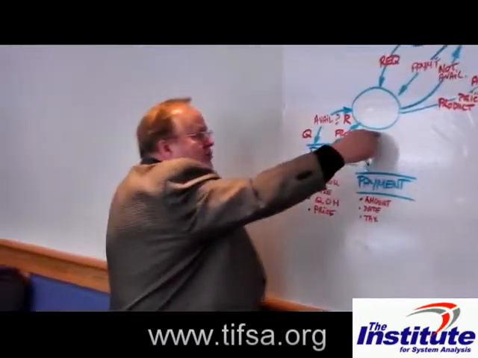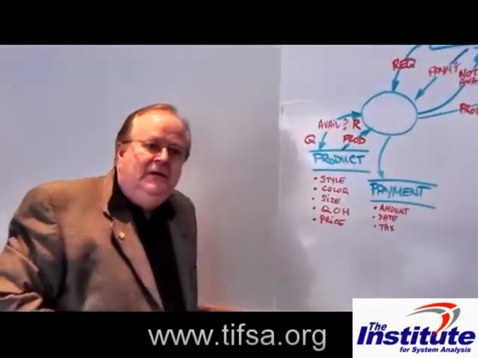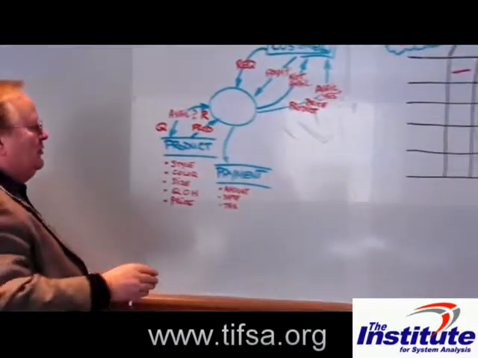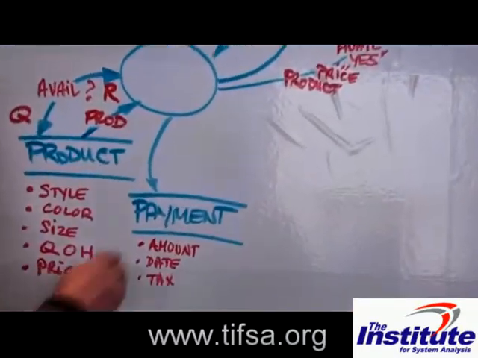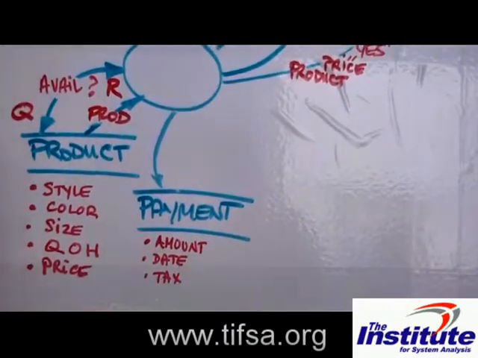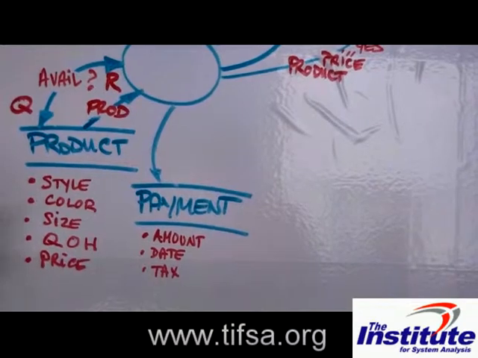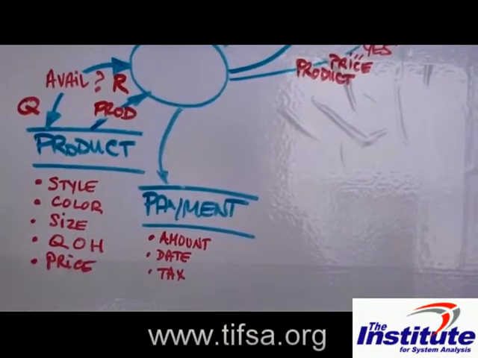Now, in this case, you'll notice that I didn't label this data flow. The reason I didn't label the data flow is because it's not important yet to distinguish this data flow from anything else about the payment. That data flow simply says payment information, and that's sufficient to communicate in this case.